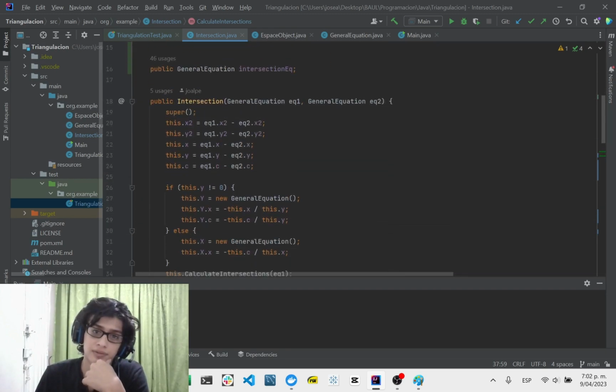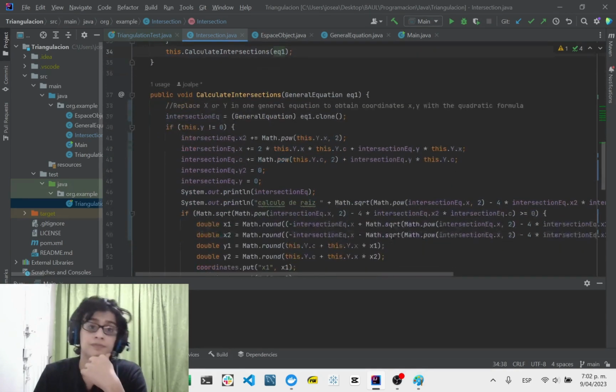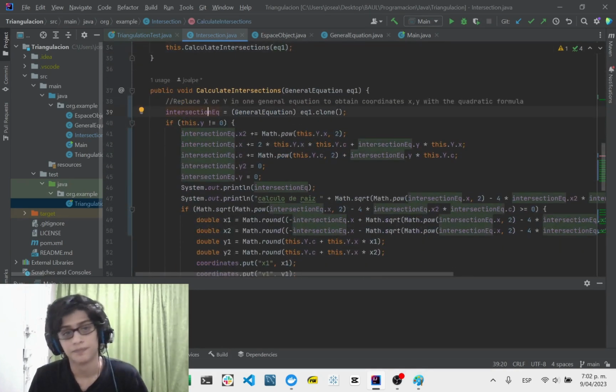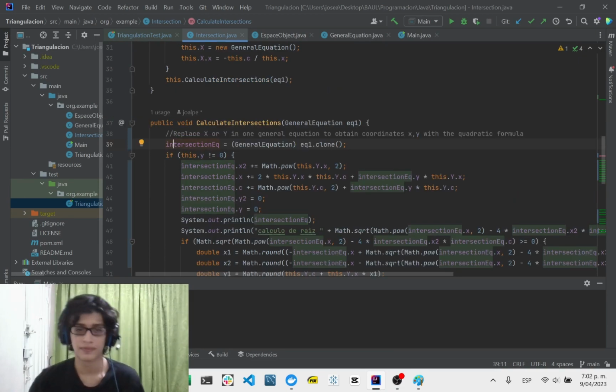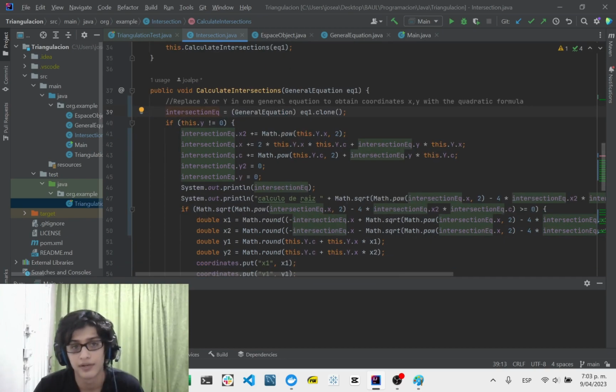That is the first general equation used to create the intersection, and I send here. I create a copy, a clone, a deep copy, because this is pointed to another memory space. And I do the same again.